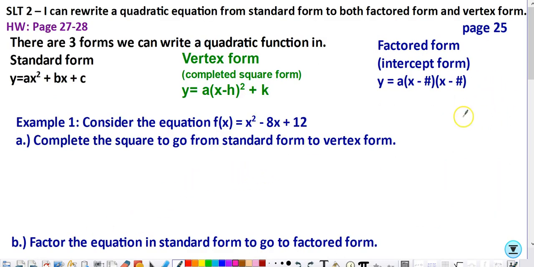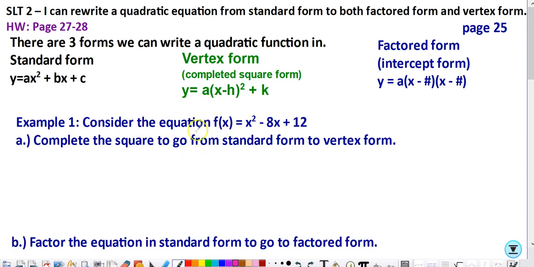And on to our objective today of writing a quadratic equation in all different forms. So at the top, you can see we have a summary of the 3 forms of a quadratic function. Standard form, that's when we have the ax squared, bx, and c.